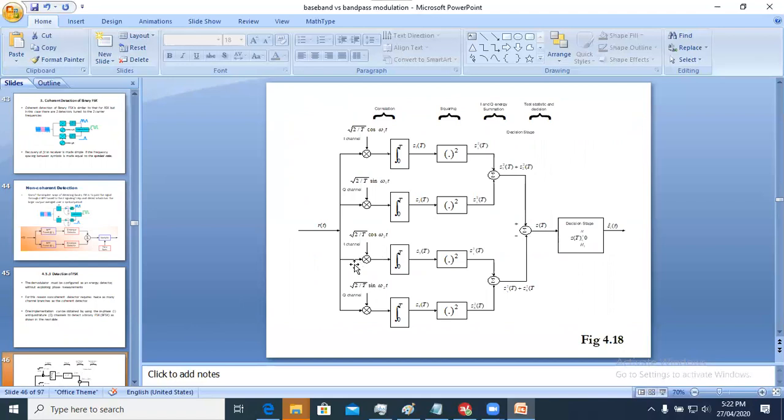For binary FSK, we have four branches, Z1(t), Z2(t), Z3(t), Z4(t), comparing the I and Q branches of the first frequency signal and the I and Q branches of the second frequency signal. Then we sum up these two values and go to the decision stage for the estimate. This is the energy estimation of the FSK signal.